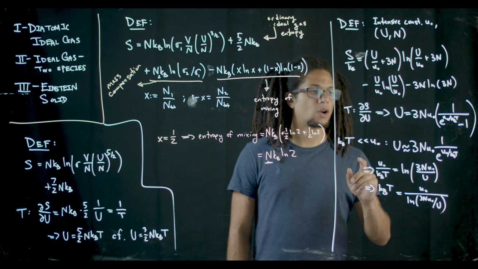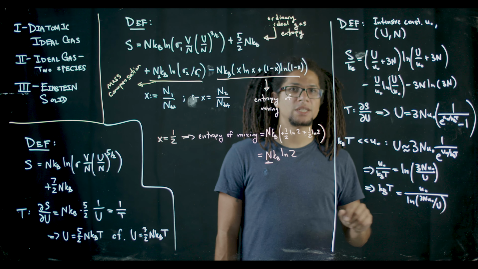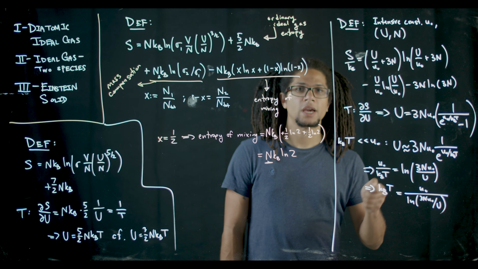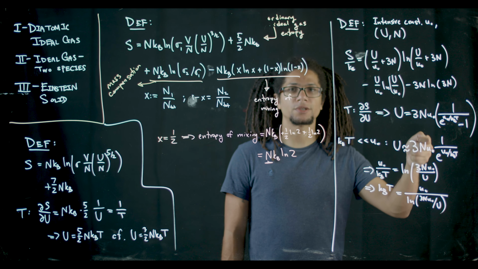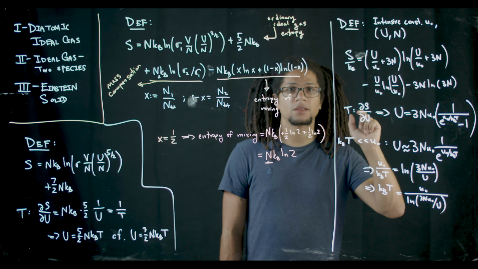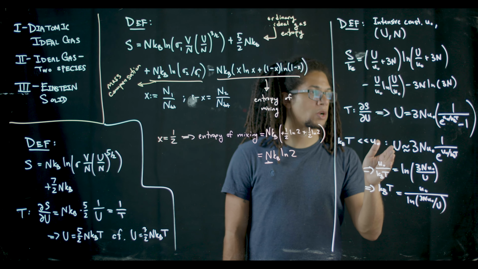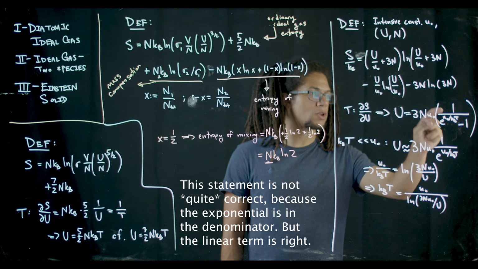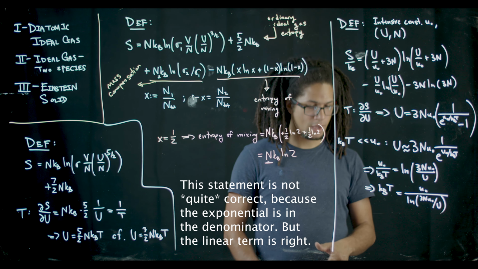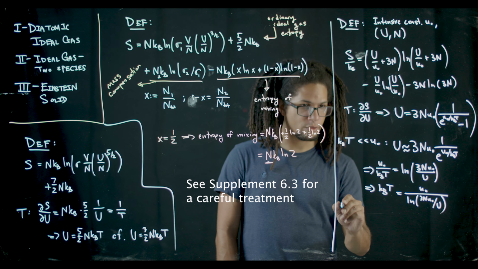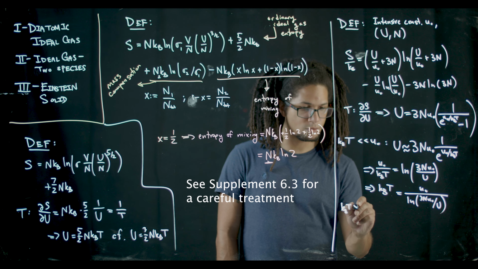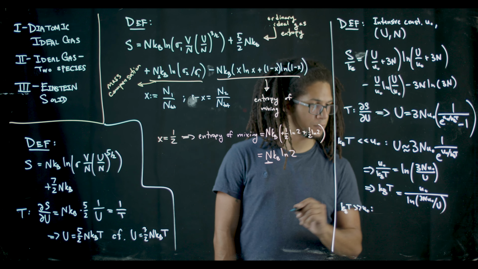If T is very large, then U naught over k_B T is a very small quantity. Then we can simply take the Taylor series of e to that and take the 0th order and 1st order terms. So 1 plus U naught over k_B T. If we do that, we find the following. So let me say k_B T is much bigger than U naught.